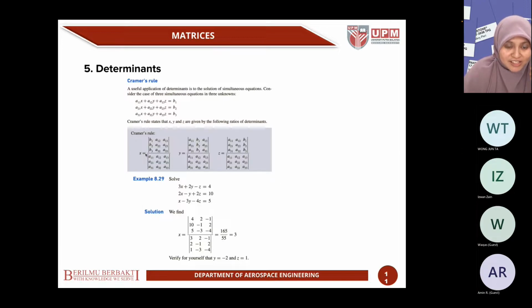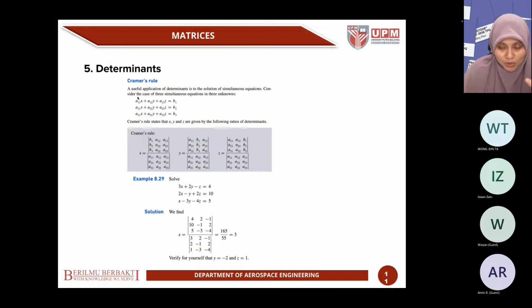So X is equal to the determinant. The notation for determinants is like absolute value. The determinant of this matrix. So for example, X is the first column, right? X relates to the first column A11, A21, A31.